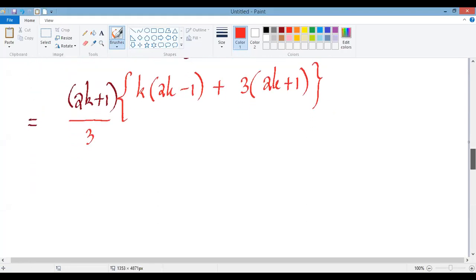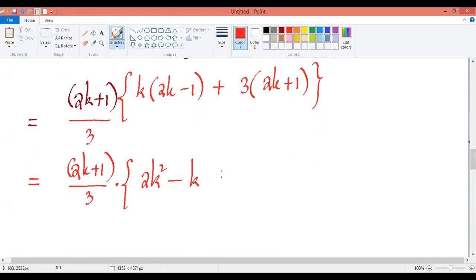So that statement can be put down as 2k plus 1 over 3 into, when you open the brackets, 2k squared minus k plus 6k plus 3.